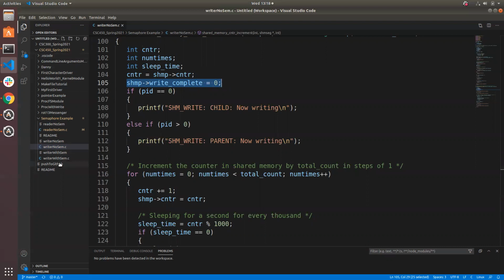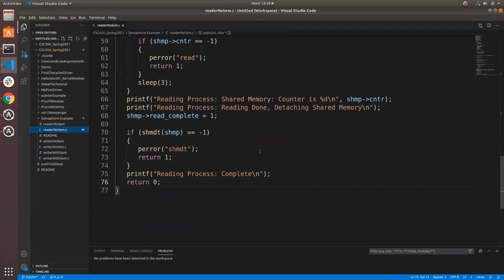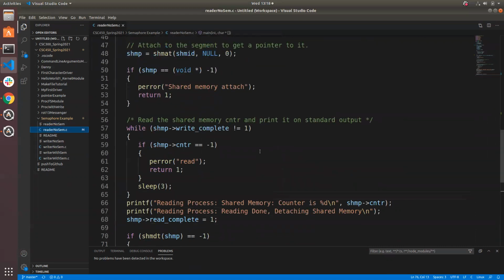In the reader, he sits there and waits for it to finally flip that single variable of the struct sitting inside shared memory. He's waiting for write to be complete because he doesn't want to read until it's his turn to read.